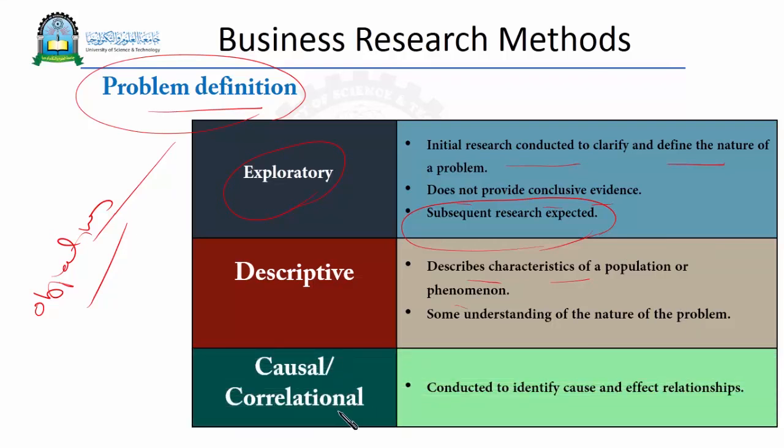The third one, which is very important and an advanced type of research, is what we call causal and correlational. This type of research is conducted to identify cause-effect relationships. I've given some examples just minutes ago about the variables.